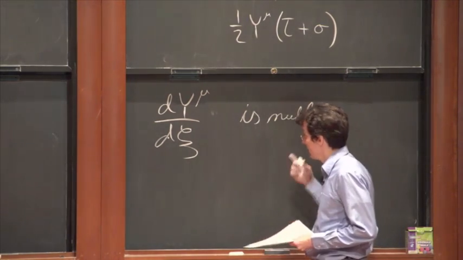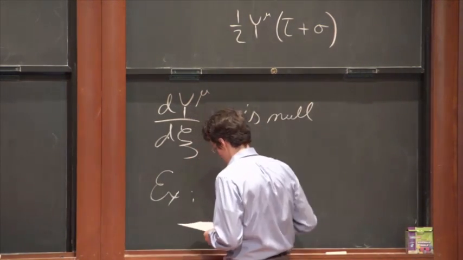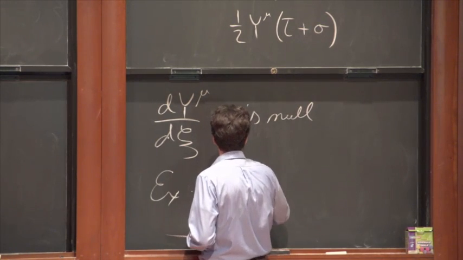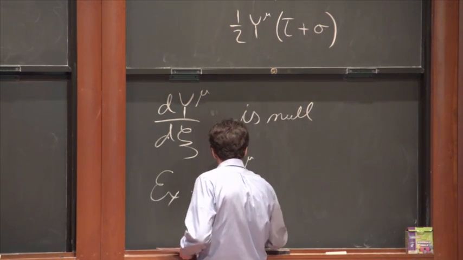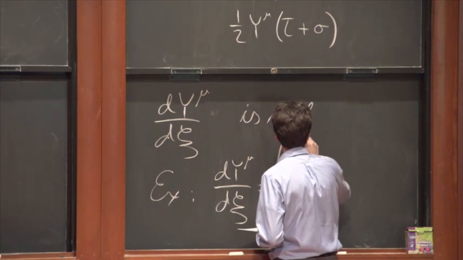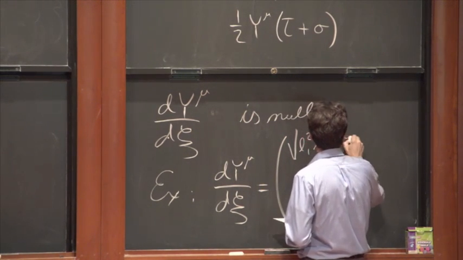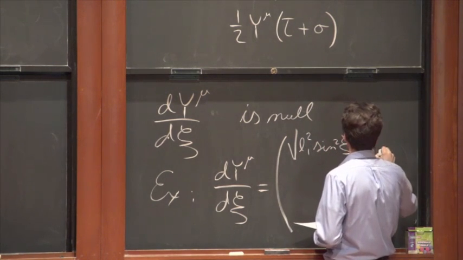Okay, so now let's take an example. Let's say we've got a string whose boundary follows some elliptical trajectory.